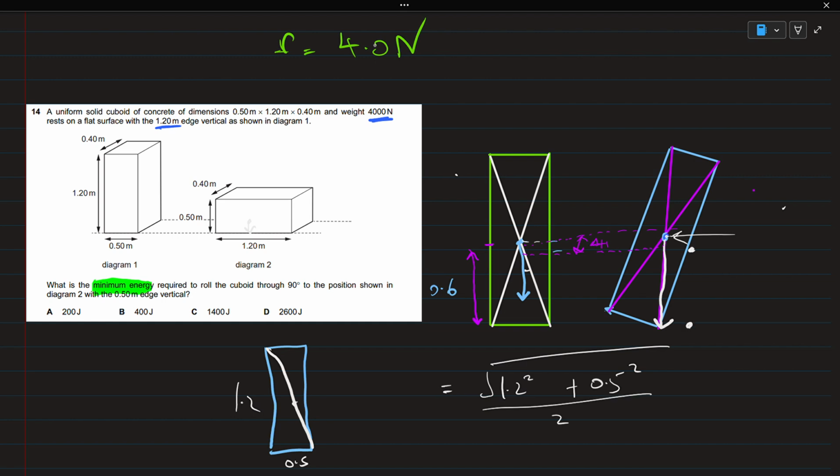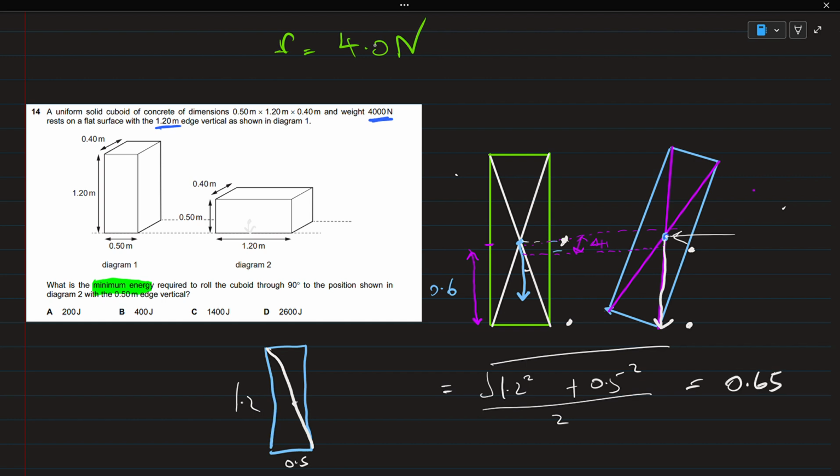We need the difference between this height and this higher height, and that will be the minimum energy, because this is basically the loss in potential energy that would result in a topple over motion. That is 0.65.